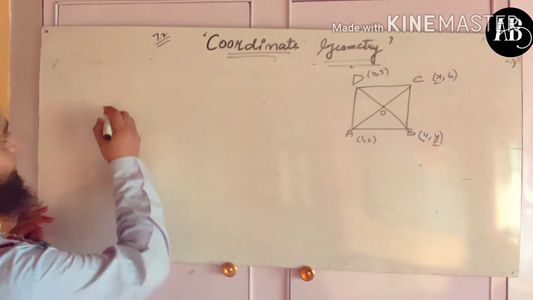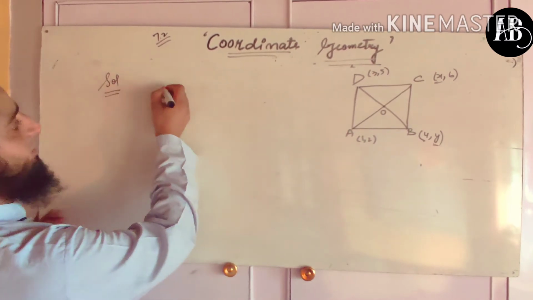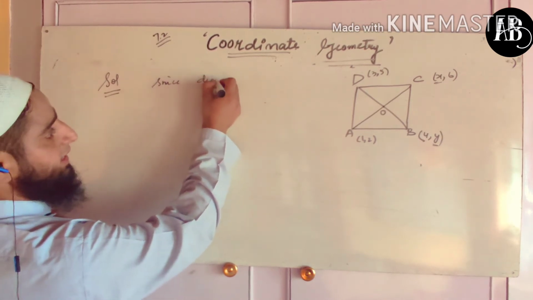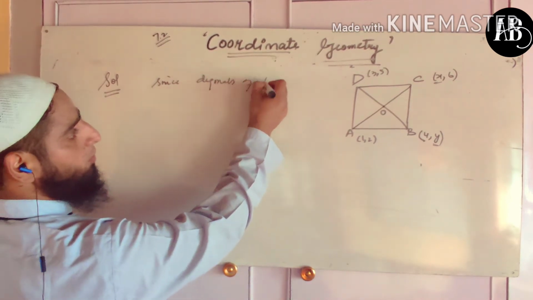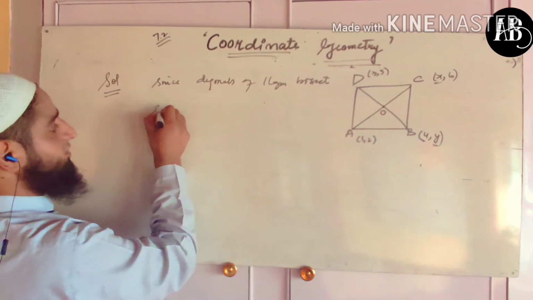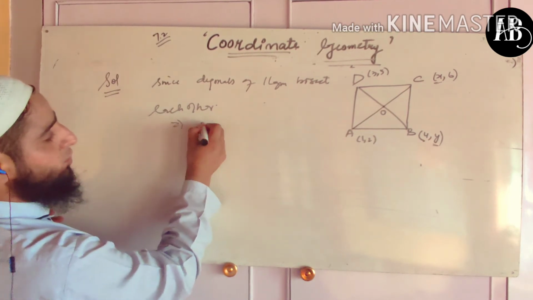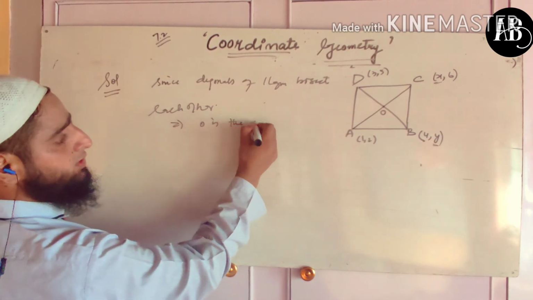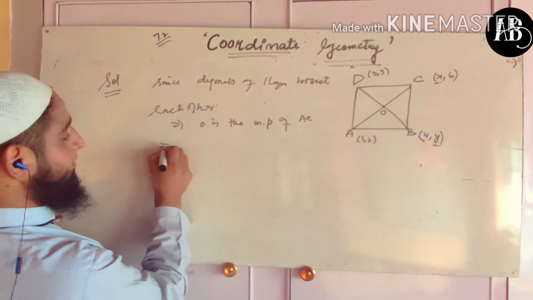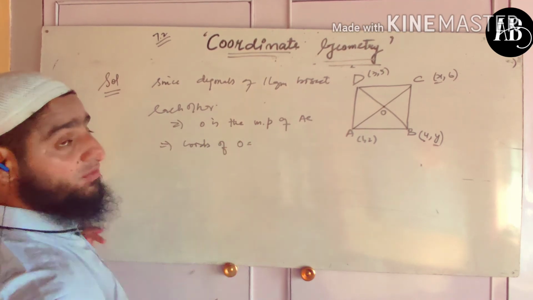It means, I will write here, since diagonals of parallelogram bisect each other, it implies O is the midpoint of AC, implies coordinates of O. It means we can use the midpoint formula.